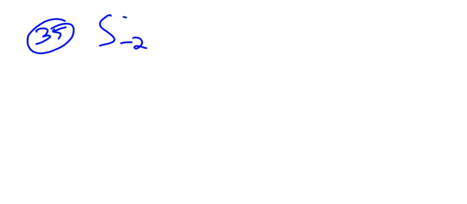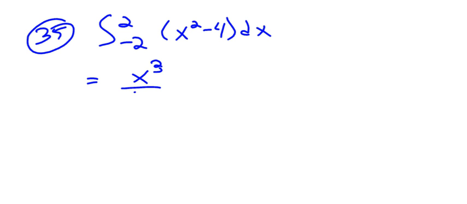Let's go ahead and do another one. 35. Given that we go from -2 to 2 of the function x squared minus 4 dx, I want to find its antiderivative. I'm taking the integration. So I have x cubed over 3, adding 1 to the exponent and dividing by the new exponent, minus 4x, and I'm evaluating at -2 to 2.